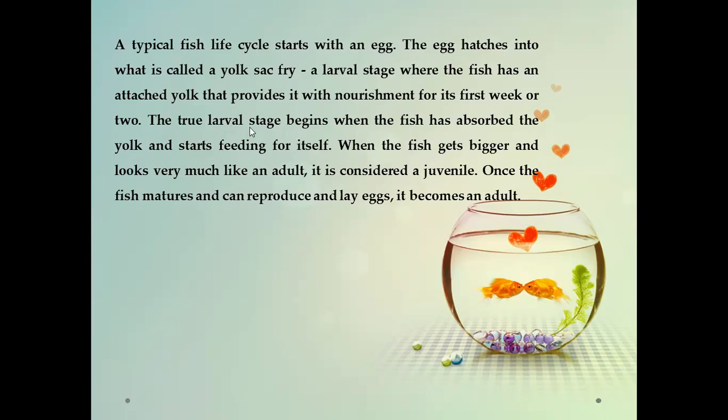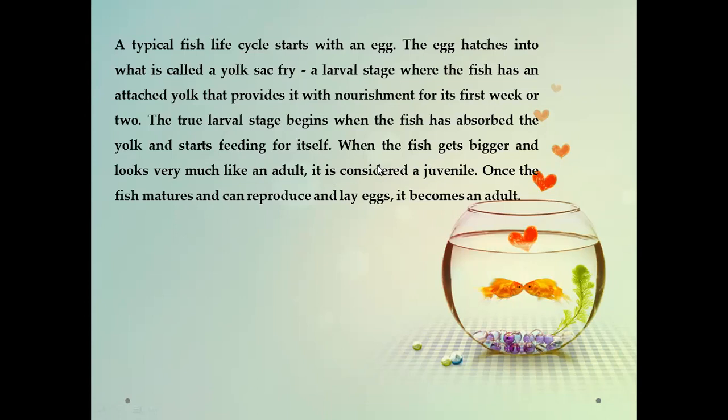The true larval stage begins when the fish has absorbed the yolk and starts feeding for itself. When the fish gets bigger and looks very much like an adult, it is considered a juvenile.